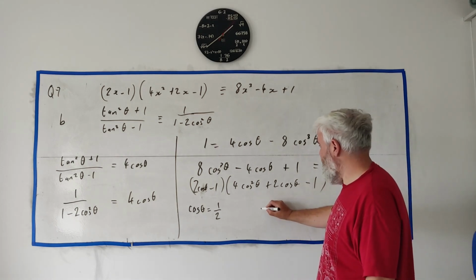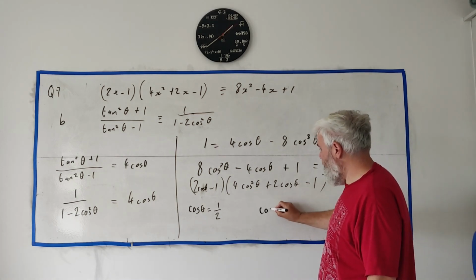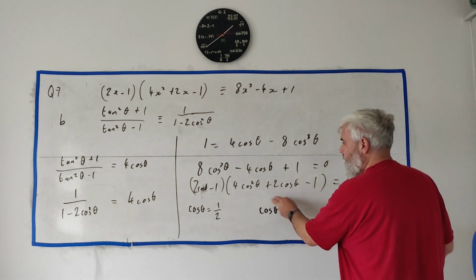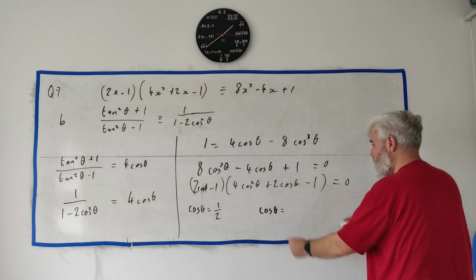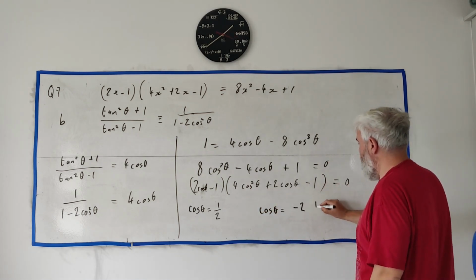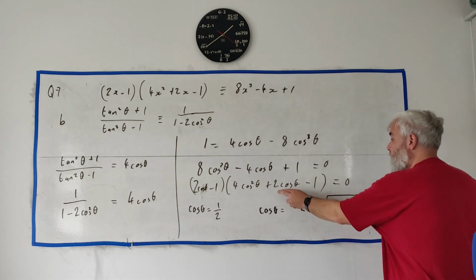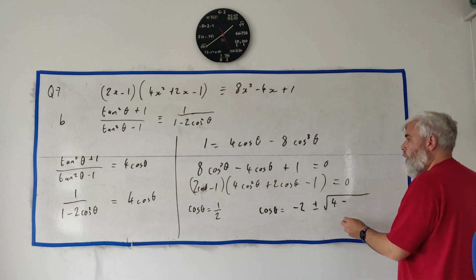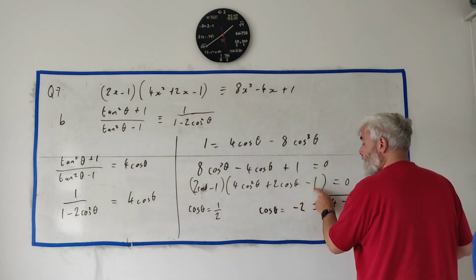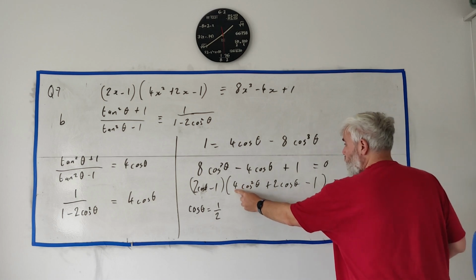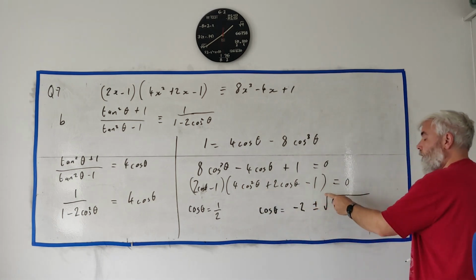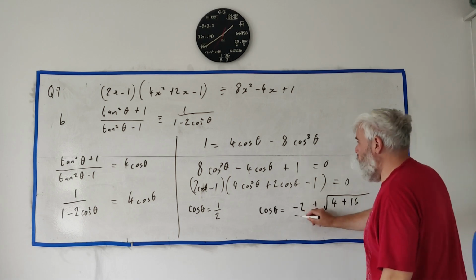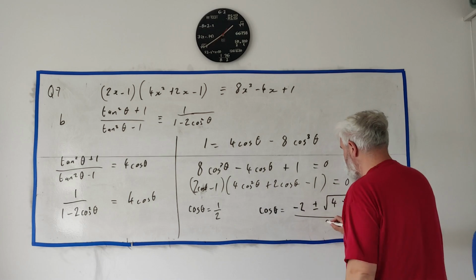So remember, cosine theta is equal to minus b, which in this case is minus 2, plus or minus the square root of b squared, again that's 2 squared, minus 4 times a times c. That's 4 times 4 is 16, times minus 1 is minus 16, minus by minus is a plus, and all that's divided by 2 times a, which is 8.